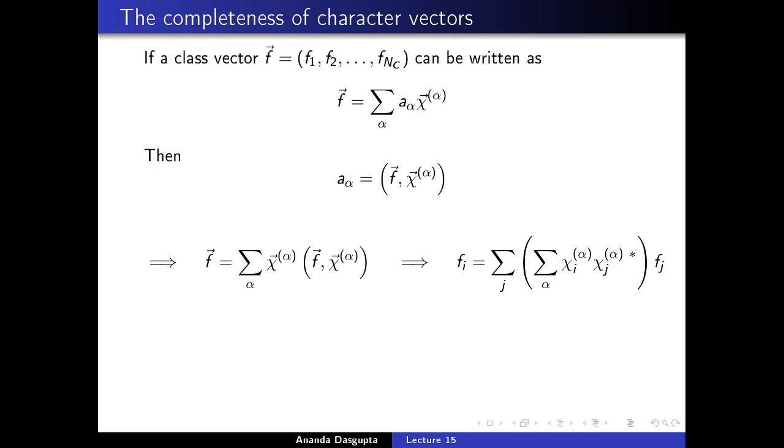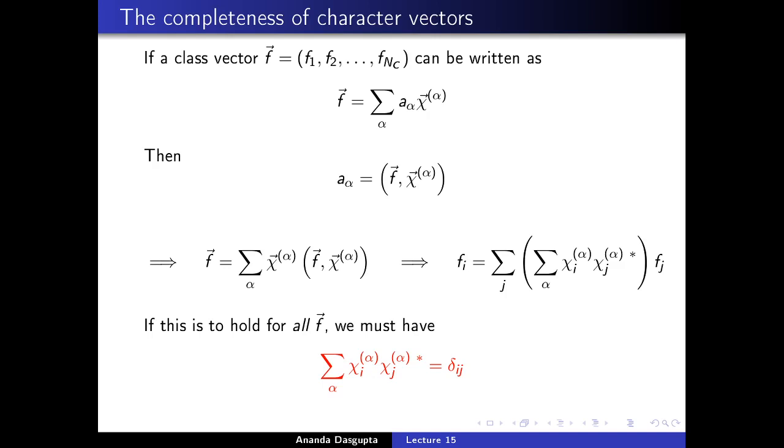But if this expression is to work for all class vectors fi, then the factor in the bracket there must take a very specific form. If fi is to be the sum over j of fj times something for no matter what fj's I choose, the only possible way that can happen is that this thing in the bracket, the sum over alpha of chi i alpha chi j alpha star, must be equal to delta ij.